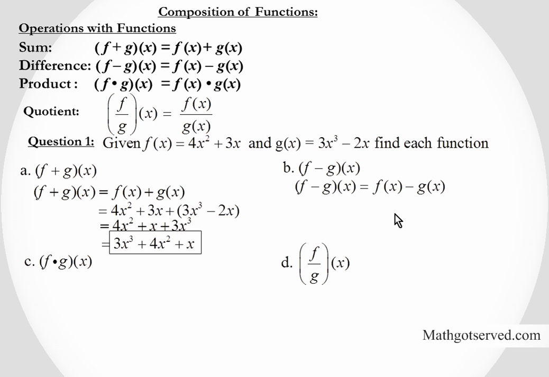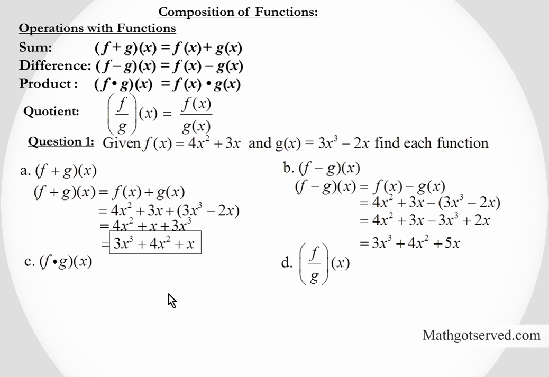So if I plug in f and g into this expression, on the right side I'm going to have 4x squared plus 3x, which is f, minus 3x to the third minus 2x. Now I'm going to distribute this negative. Imagine there's a 1 here. I'm going to distribute this negative to these two terms, and that's going to give me negative 3x to the third plus 2x. Combining like terms, namely 2x and 3x, and rewriting in standard form, we're going to have 3x to the third plus 4x squared plus 5x.